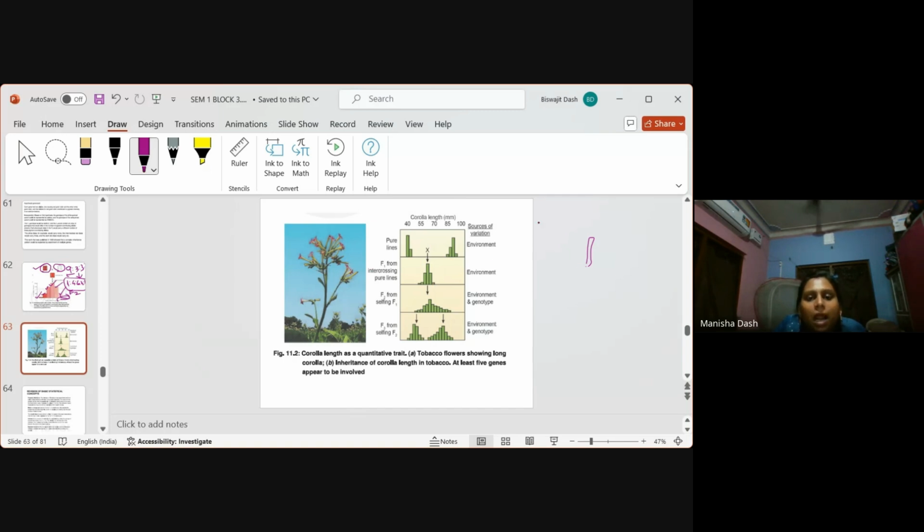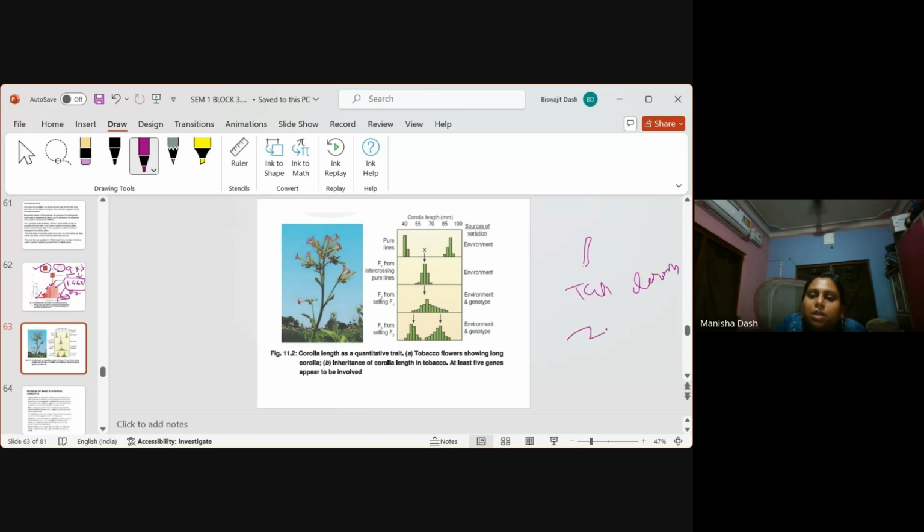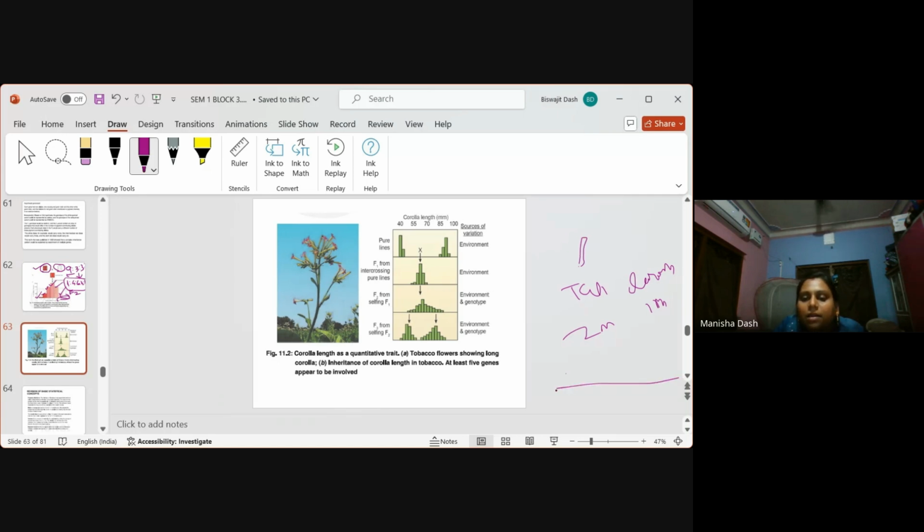Okay, and always in case of a monogenic trait, you will have two contrasting characters, like it is either tall or dwarf. So either the plant will have a height of 2 meter or it will have a height of 1 meter. But in case of a polygenic trait, there is continuity in the character.